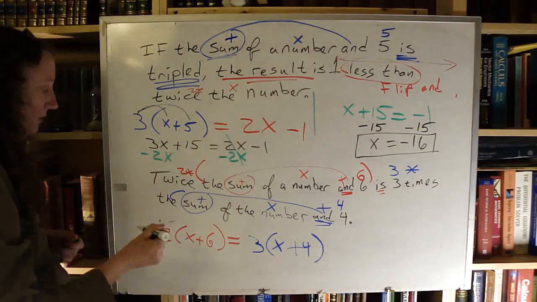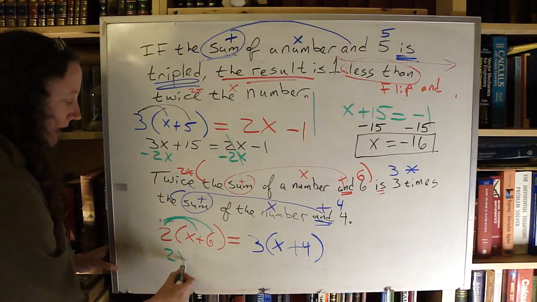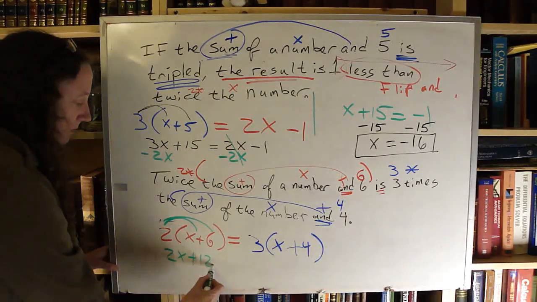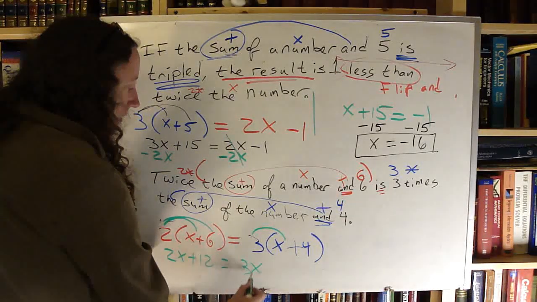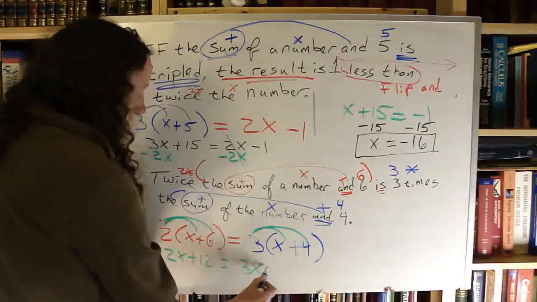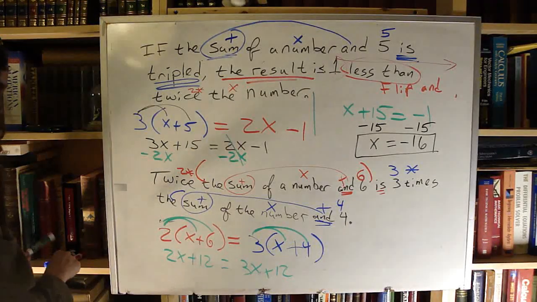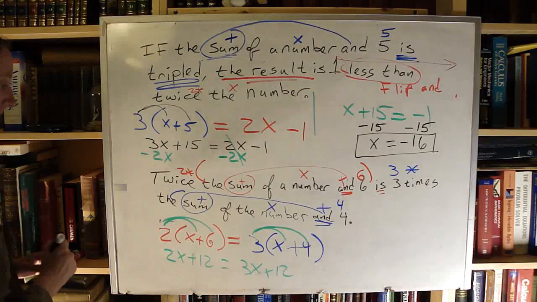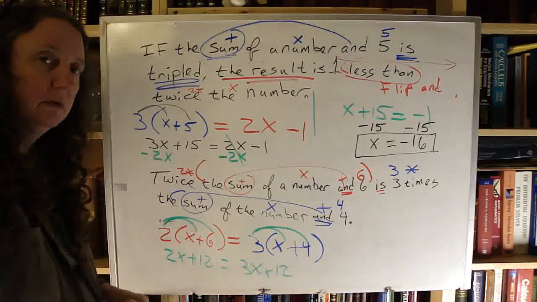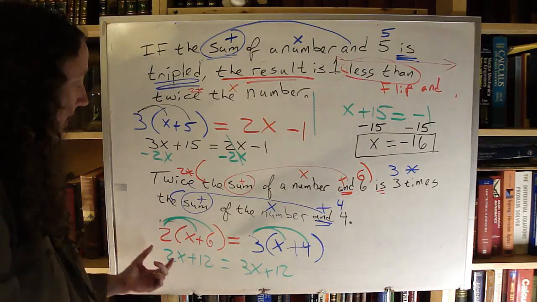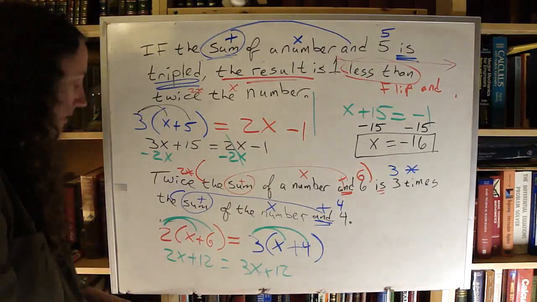So I'm going to distribute. 2x plus 12 equals distribute 3x plus 12. I want all of my letters on the same side of the equal sign. Personal preference, I like positive coefficients, so I want to do the 2 taken away from the 3.